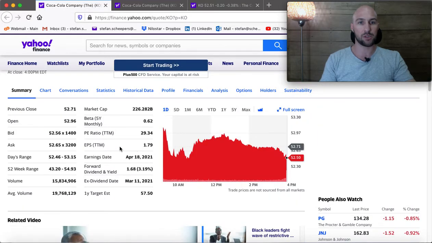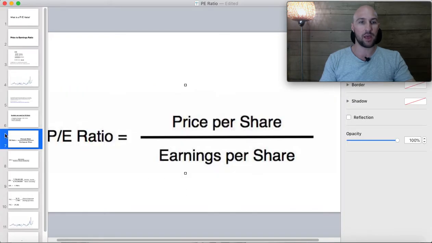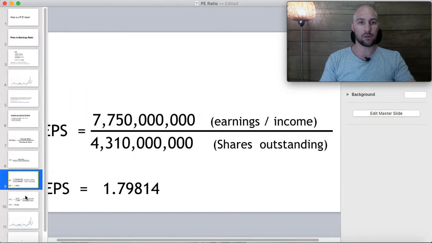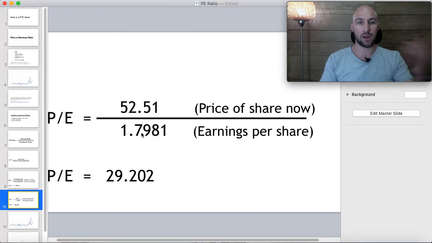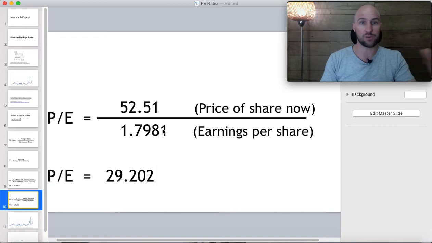Earnings per share is 1.79, so we put in the 1.79 there, and we divide it by the 52, what the stock price is right now, and we get to 29.2. So it's very easy to find the PE ratio for Coca-Cola because these numbers are positive. If a company has negative earnings, you can't find the PE ratio.